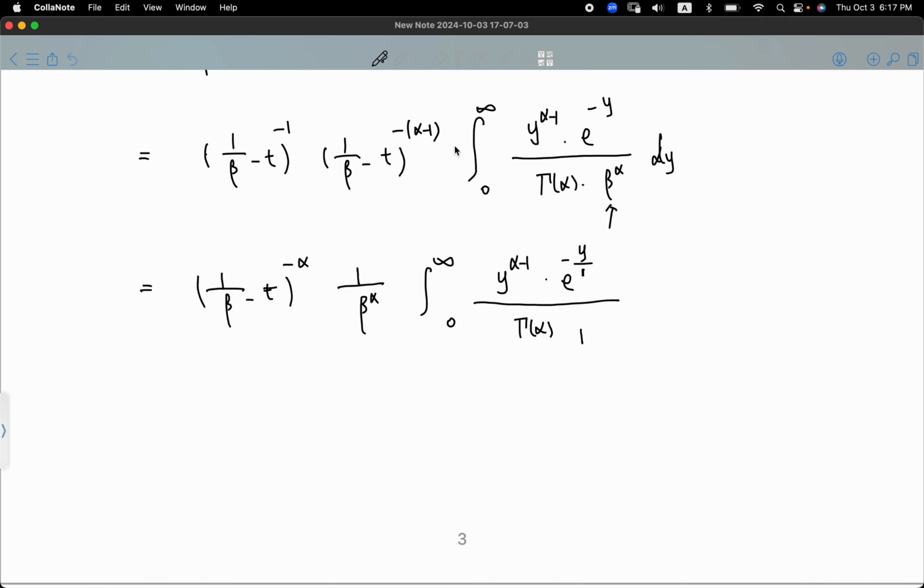We want to complete the density function for the gamma distribution. So the density function has a beta raised to the power of alpha. So one thing you can consider is that when we introduce the 1 here, we are essentially setting the new beta, I'll call it beta star, equal to 1. So that you will have 1 raised to the power of alpha. And this thing here is saying that y follows a gamma distribution of alpha with beta equal to 1. Do you agree with that?